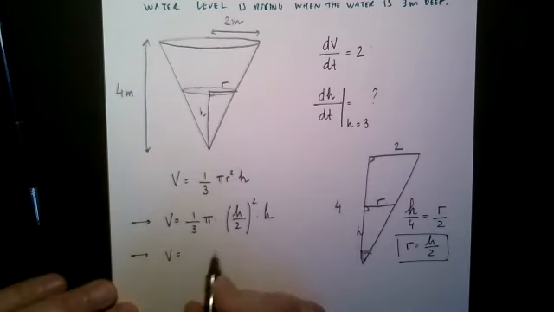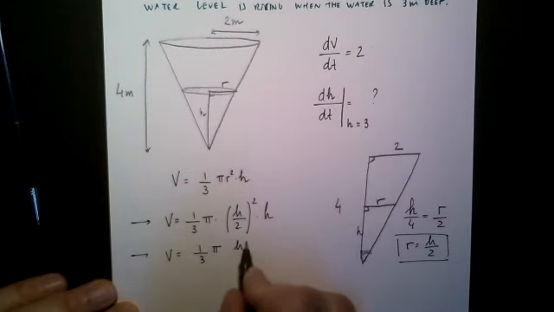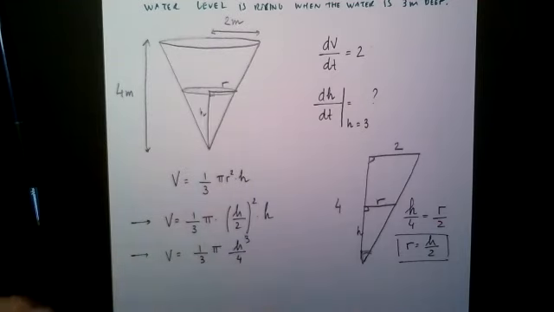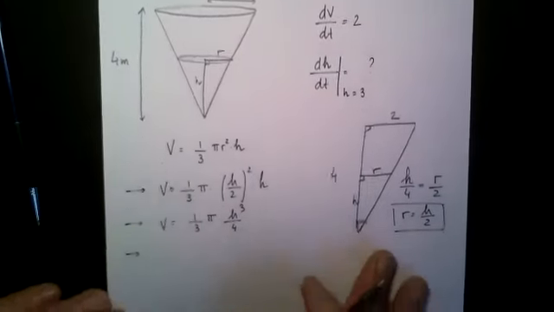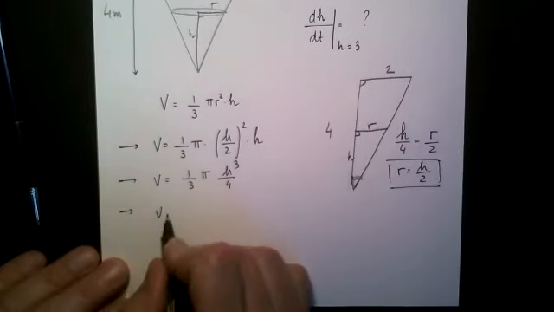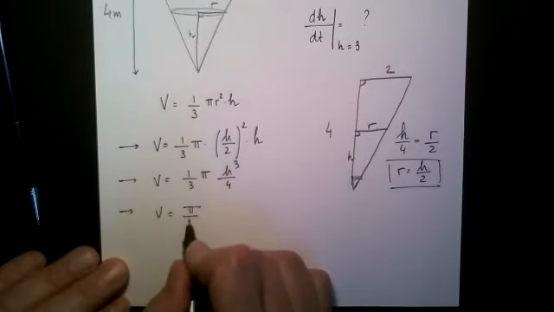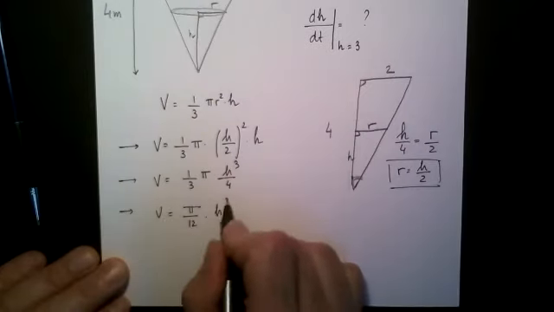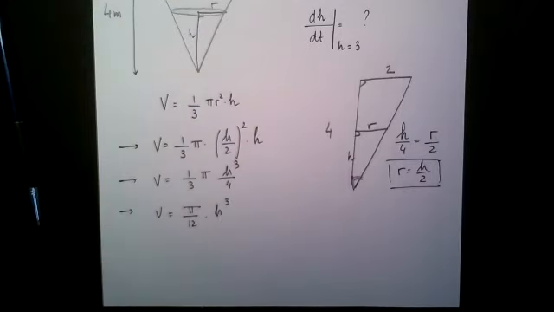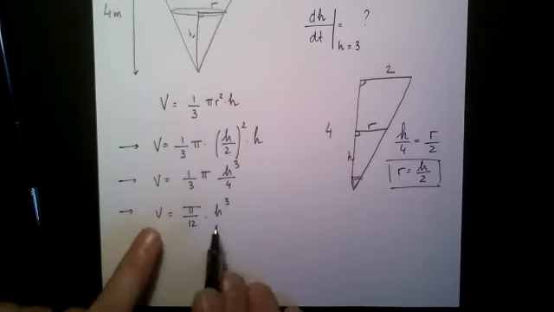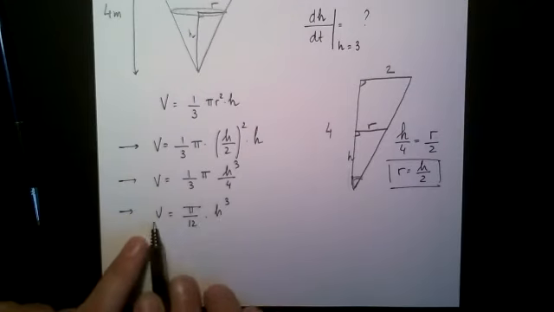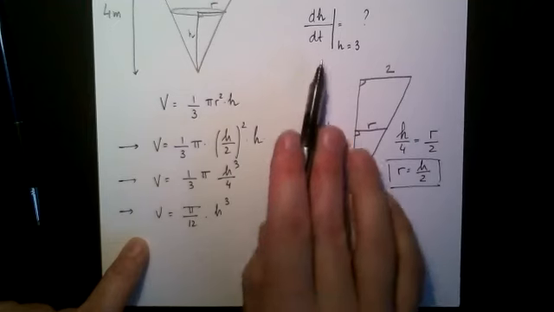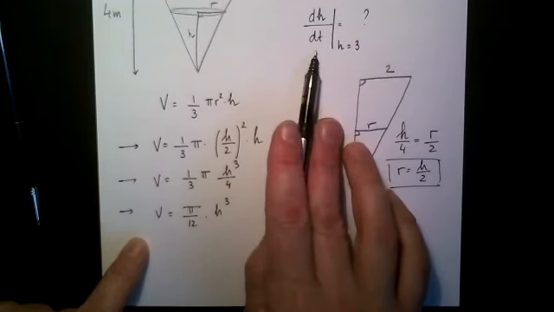That is V equals 1/3 pi h cubed over 4. And so V is equal to pi over 12 times h cubed. Good. I found a relation between V and h, and now I'll be able to find a relation between dV/dt and dh/dt, because that's what I'm looking for.